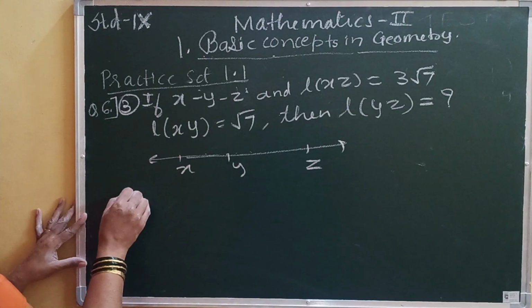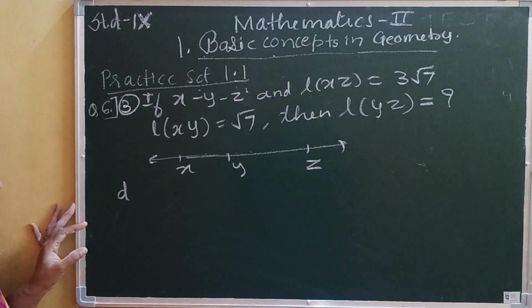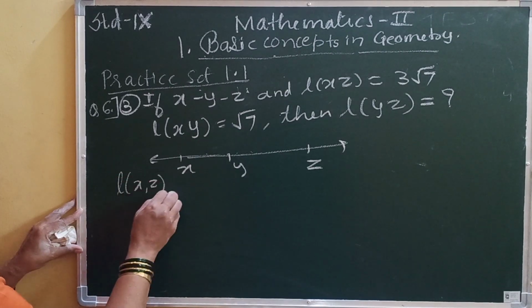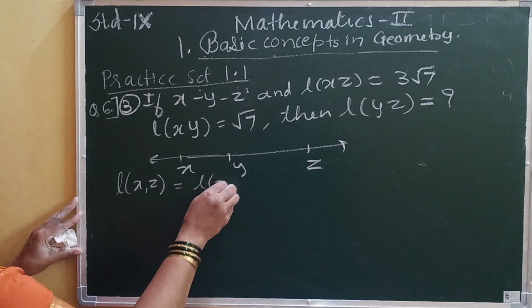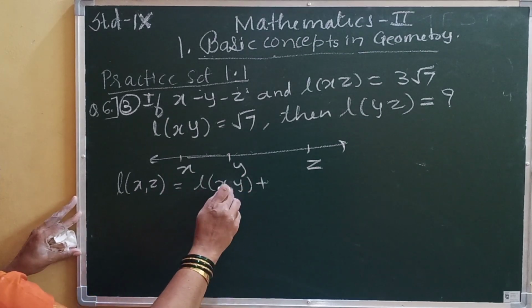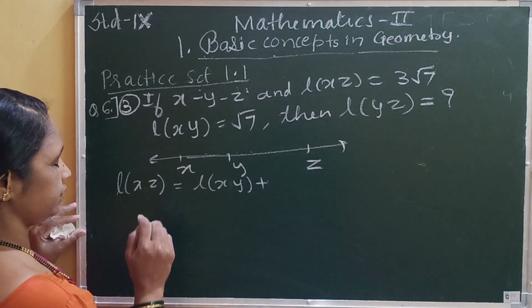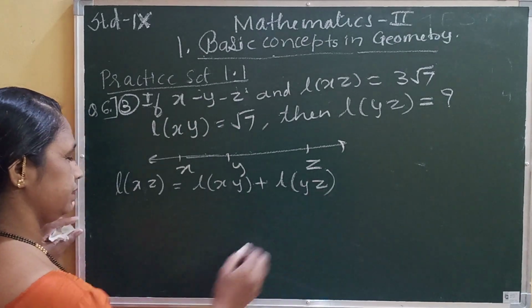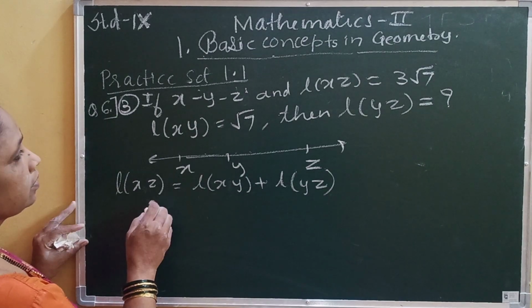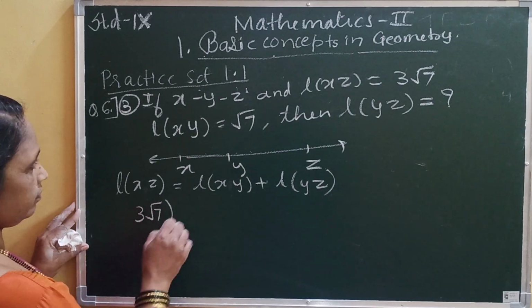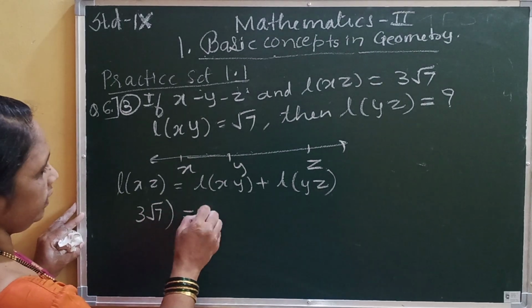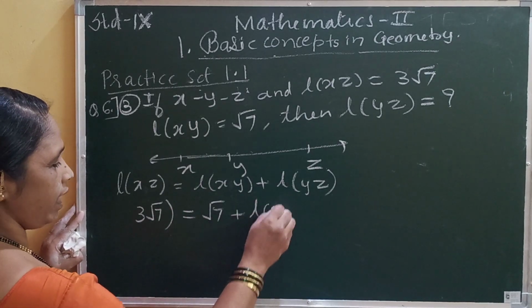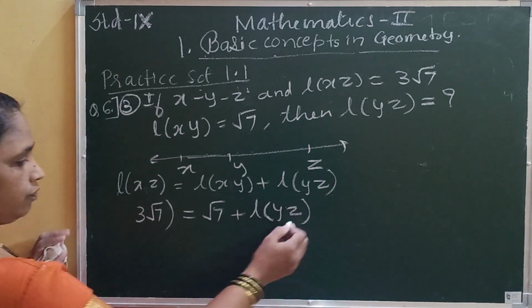Here the lengths are given, so I will write length xz is equal to length xy plus length yz. Now xz is given 3 root 7 and length xy is given root 7. Length yz we have to find out.